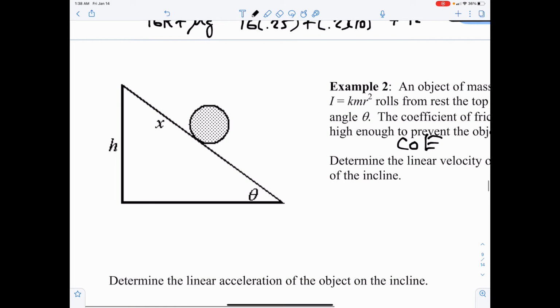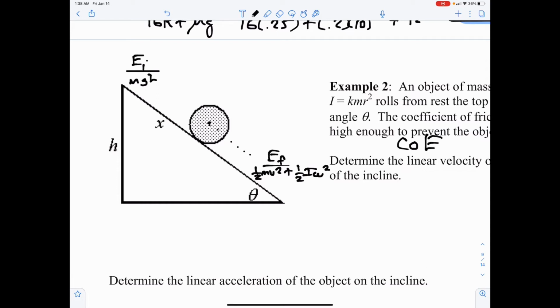At the top, energy initial would be just mgh. Energy at the bottom finally would be a combination. It'd be 1/2 mv squared, because the center of mass is translating itself downhill, plus 1/2 I omega squared.